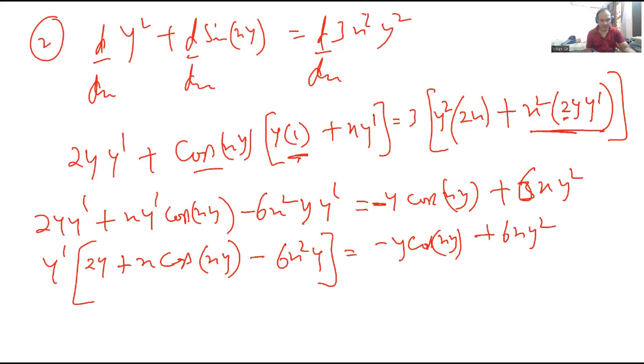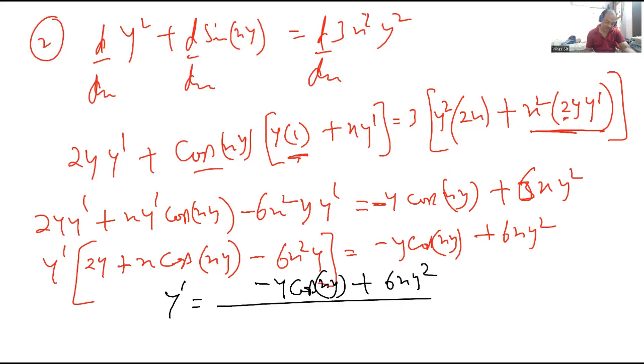In the later part you have to find the value of y dash, so simply write y dash equals minus y cos(xy) plus 6xy squared, and in the denominator 2y plus x cos(xy) minus 6x squared y.